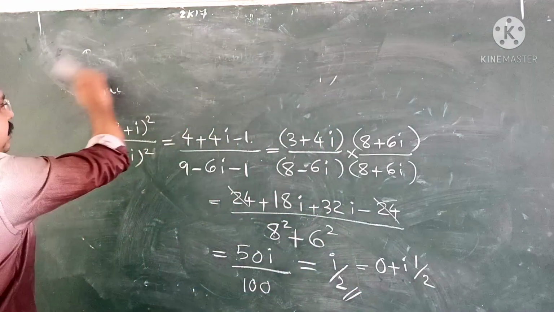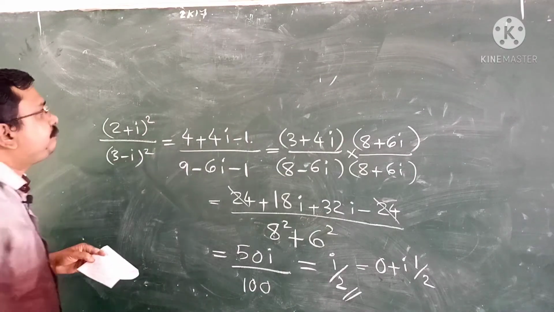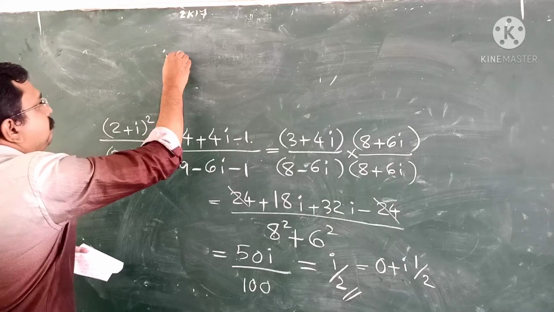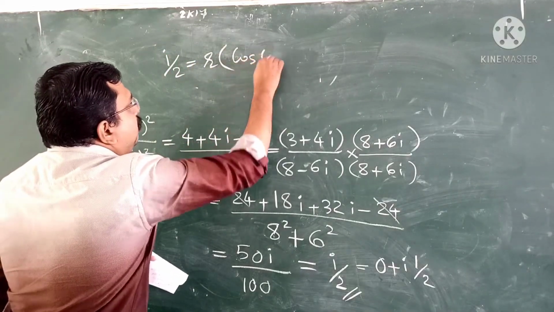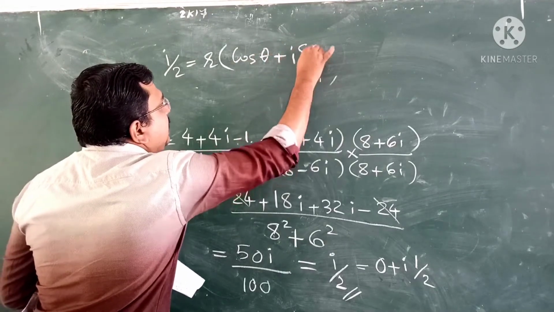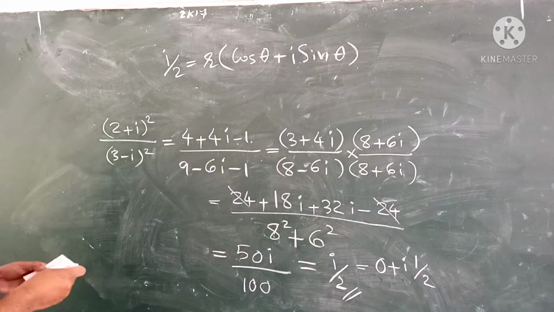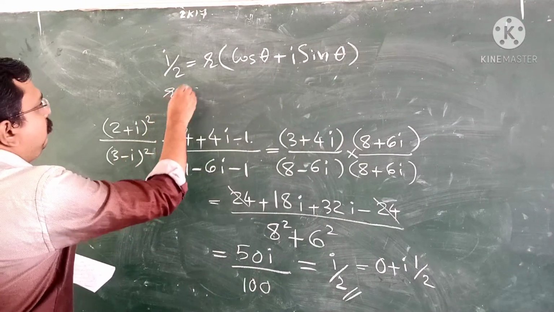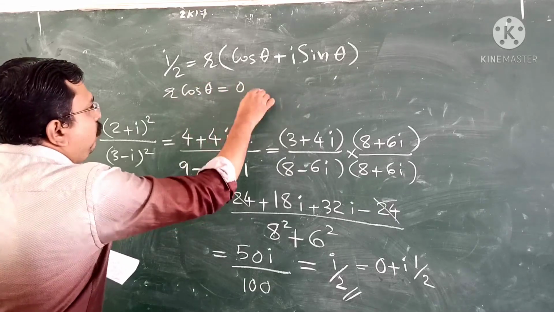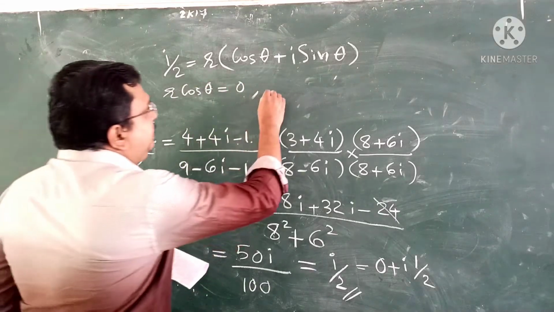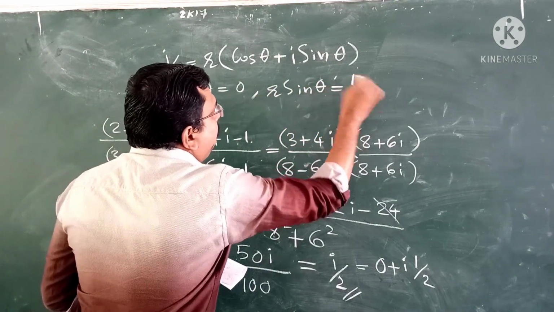Therefore, this can be written as i by 2 equal to r into cos theta plus i sin theta. Then r cos theta equal to the real part, that is equal to 0. Then r sin theta equal to 1 by 2.